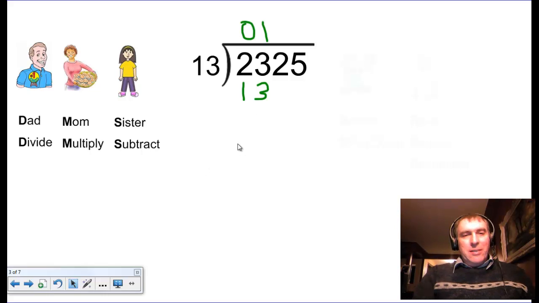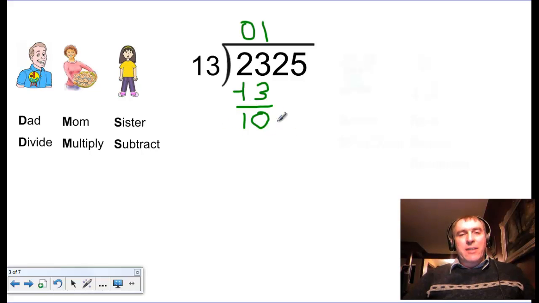So let's put our line underneath here, and we subtract our number. We've got 23 minus 13, and we end up with 10. Now, if our remainder down here is less than our divisor, then we know we're good to continue.